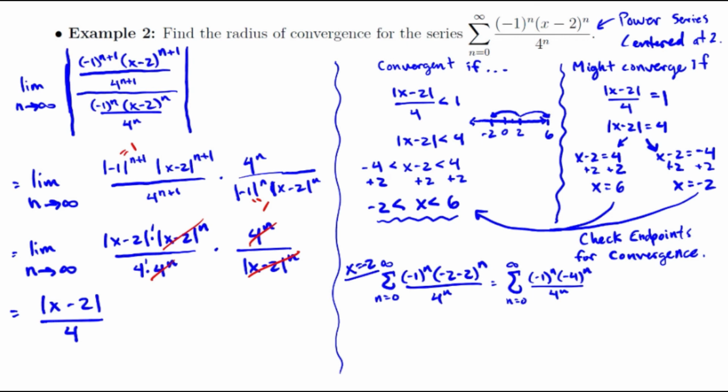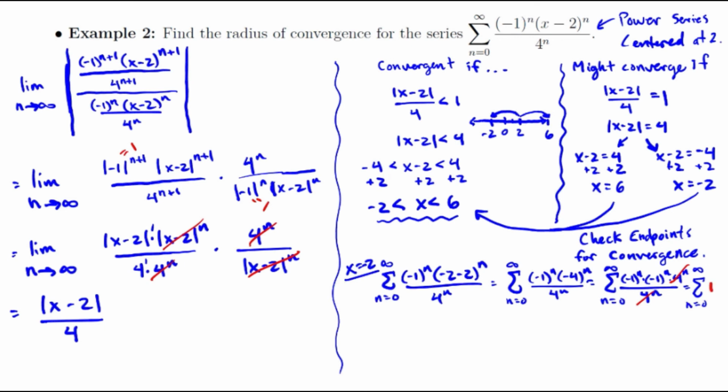I could pull out a negative 1 from that: (-1)^n times (-1)^n times 4^n over 4^n. A negative 1 times a negative 1 is just positive 1, and my 4^n's cancel. This ends up becoming the sum from 0 to infinity of 1.